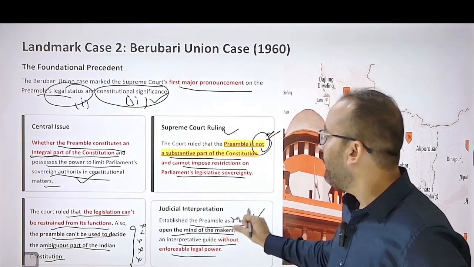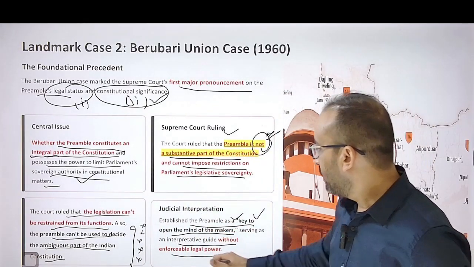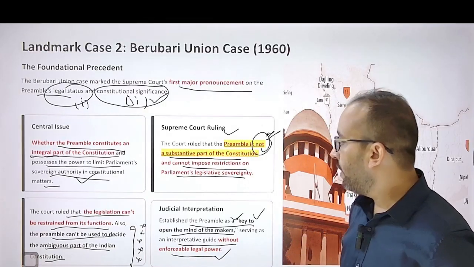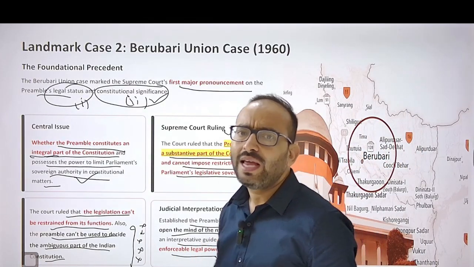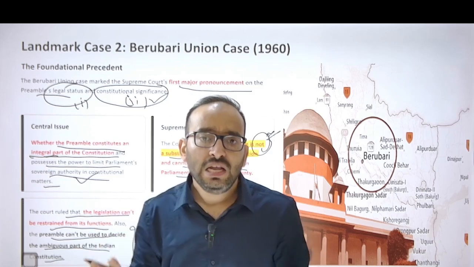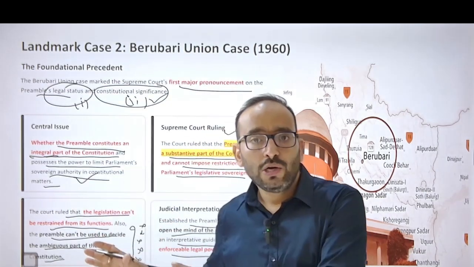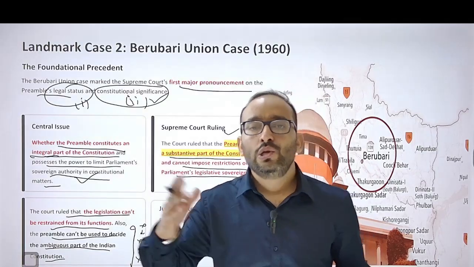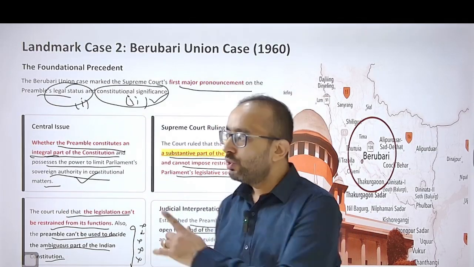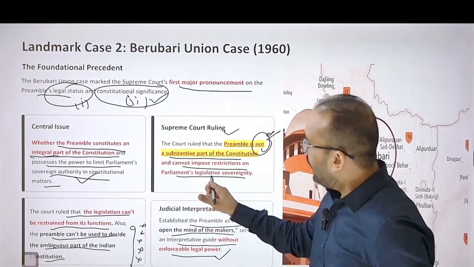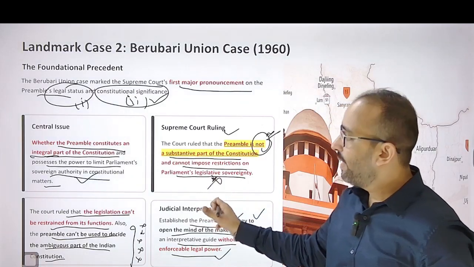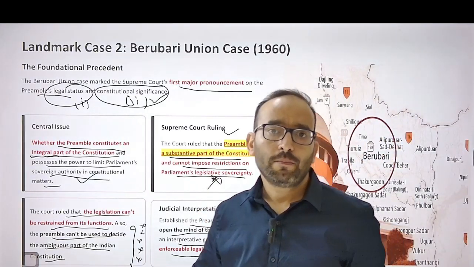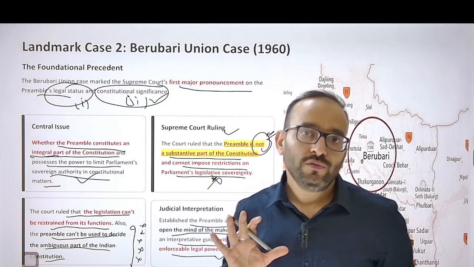This can be seen from the preamble, serving as an interpretive guide without enforceable legal power. Okay, we can get this idea, but it will not be legally enforceable, unlike Part 3 of the constitution, that is fundamental rights, where if they are abridged, you can approach the High Court and Supreme Court. So here, even if the legislative power of parliament is in contradiction with the provisions of the preamble, you cannot move the court.